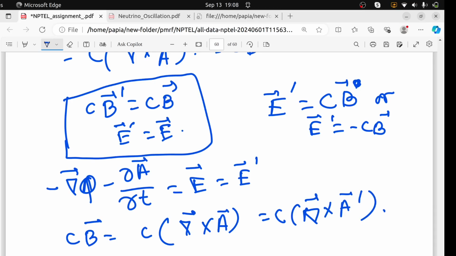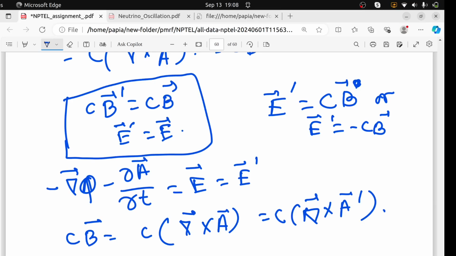So there is no such relation between these two, because you can see that it is minus grad phi and minus del A del T, and on the right hand side it is C of curl of A or C of curl of A prime. So we can't write E prime as C into B, or E prime equals minus C into B. That is not correct.